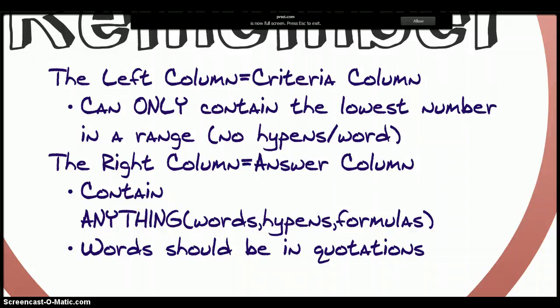The right column is your answer column. This is where we get our answer from. It can contain anything, words, hyphens, formulas. However, if you put words in the formula, then you have to put the quotations around it. So make sure that you remember that. And again, we're going to look at an example tomorrow.